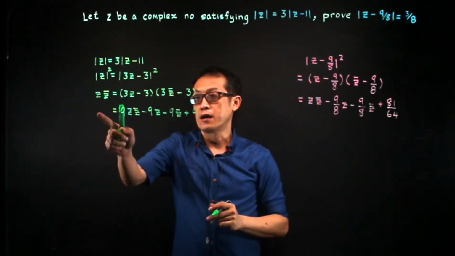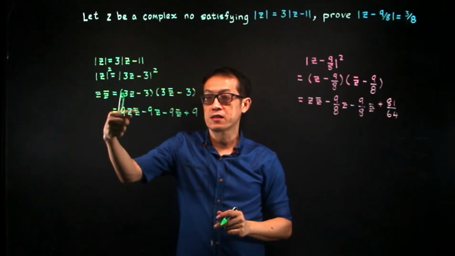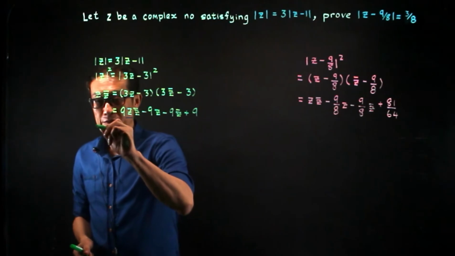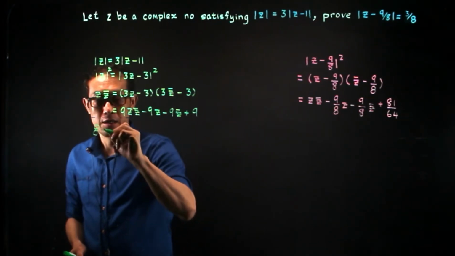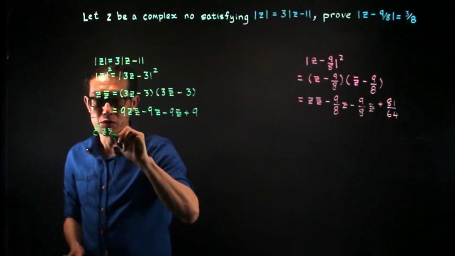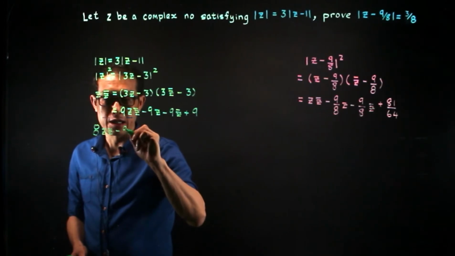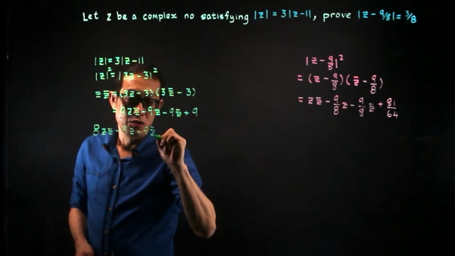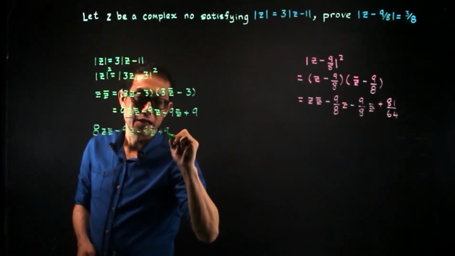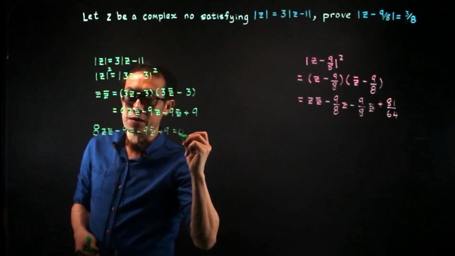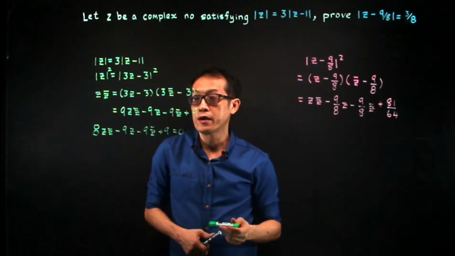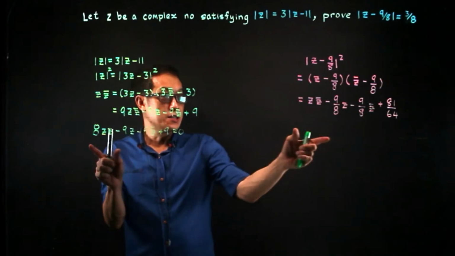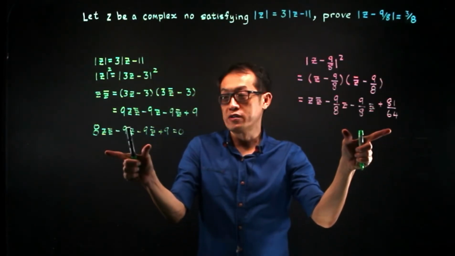Now I minus Z times Z conjugate on both sides. So I have 8Z Z conjugate minus 9Z minus 9 conjugate Z plus 9 equals to 0. Now, look at this. It is rather close already.